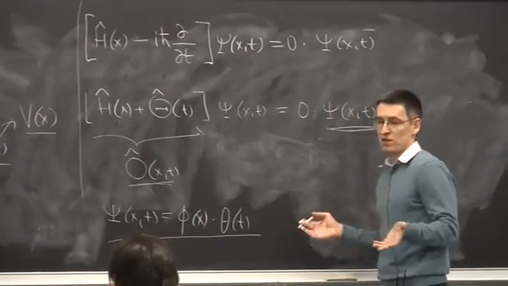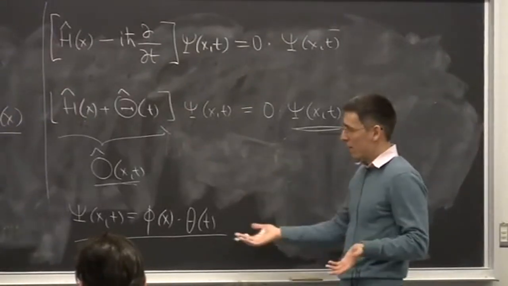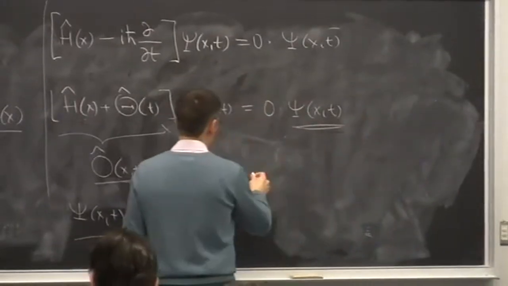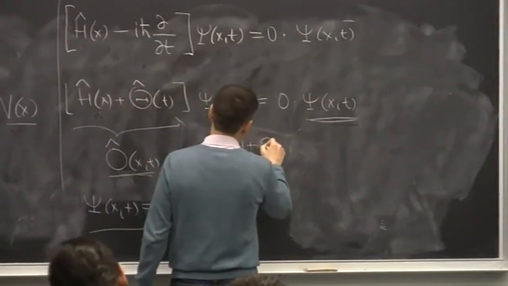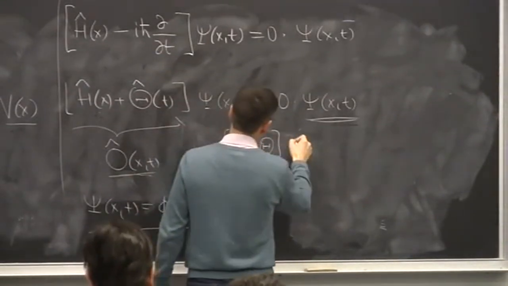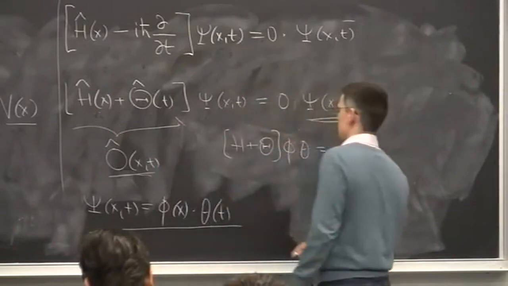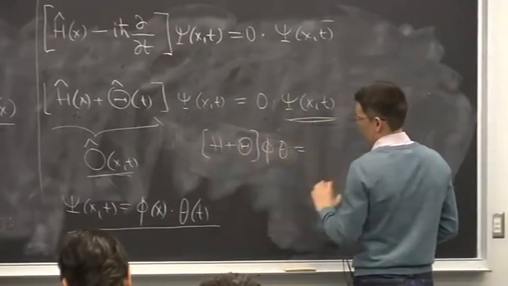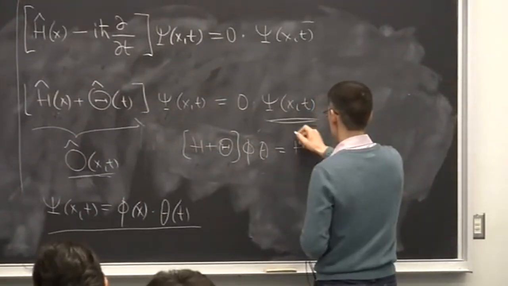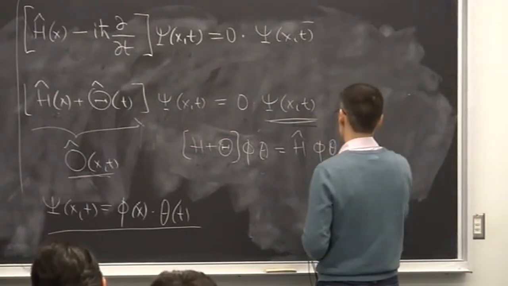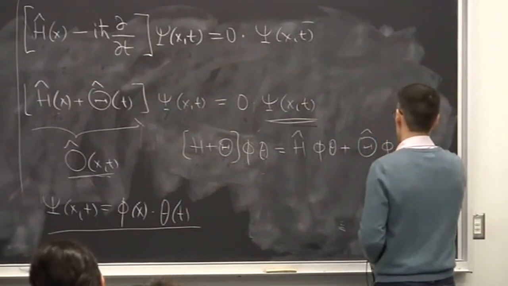And now there is a simple proof. Magic is over. Now I'll review why this works. And it works for a simple reason. So we have h plus this theta acting on, let's just check, phi theta, right? So how will this sum act on the product? Well, one by one. First we'll have h acting on phi theta, and then this big theta operator will act again on the product.